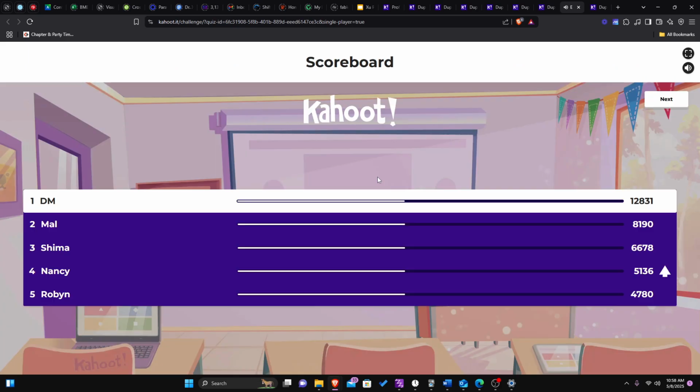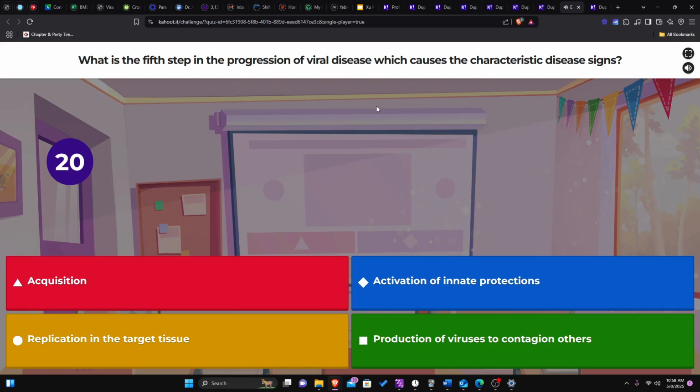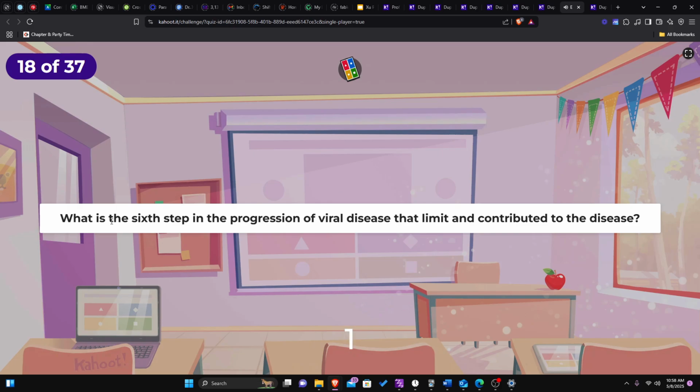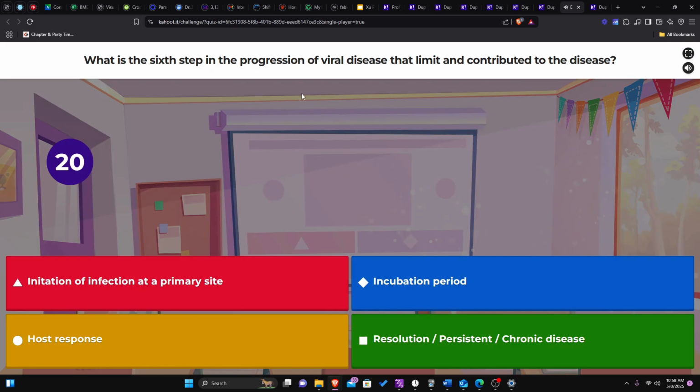Incubation period is the 5th step should be replication in the target tissue. This is first. Incubation of 8. This one's 7. This is 3rd. So replication of target tissue. 6th step should be the host response.